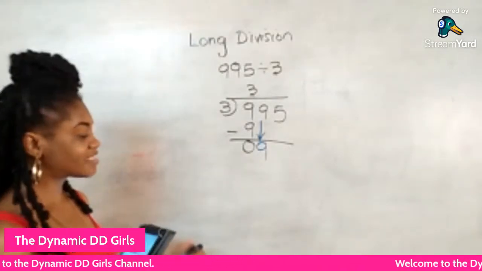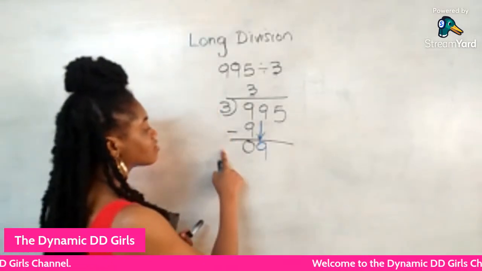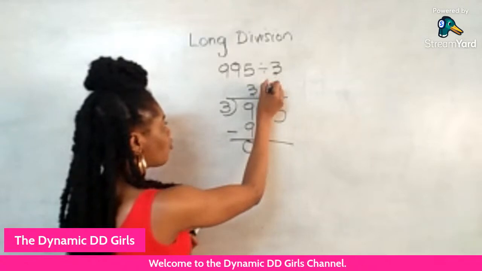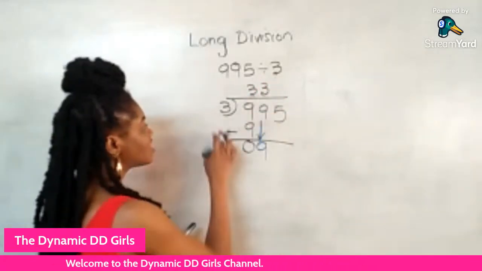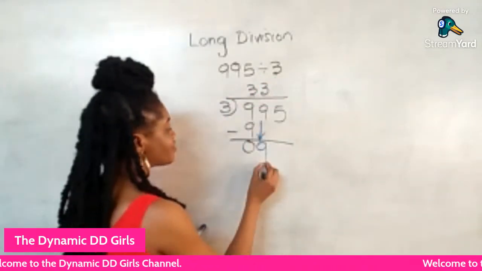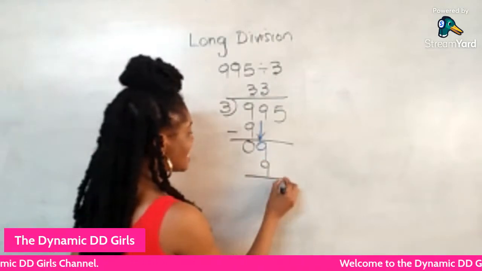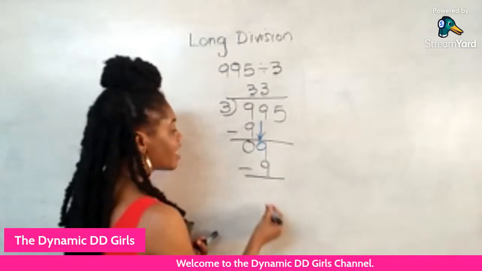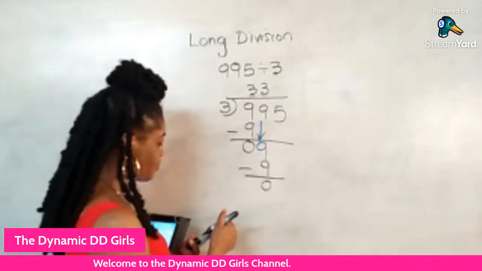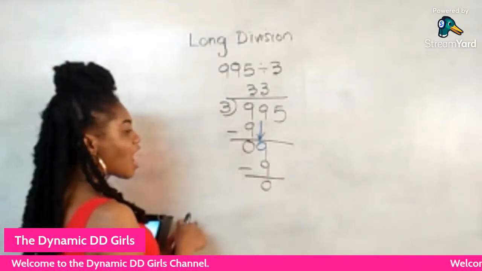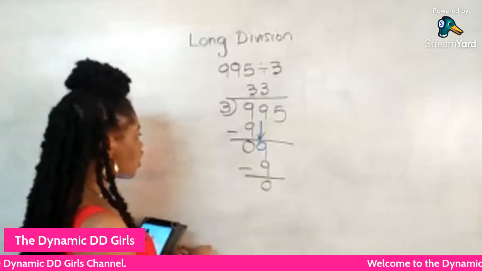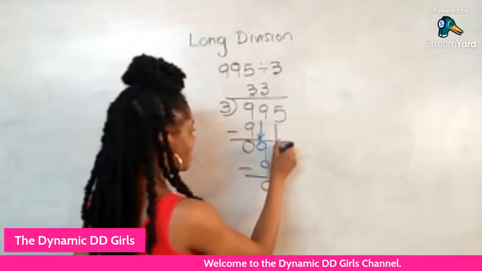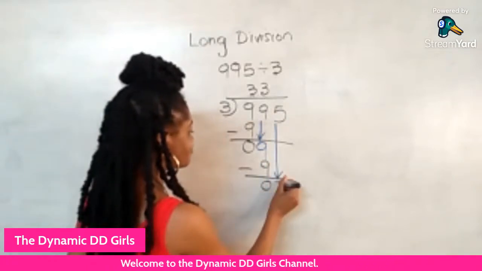All right? So how many groups of 3s can you get from this 9? You can only get 3 groups of 3s. 3 multiplied by 3 is 9. We're going to take away again. You have 9 dumplings, you give away all 9 of them, you are left with 0 dumplings. And you're going to bring down this 5 now beside this 0.